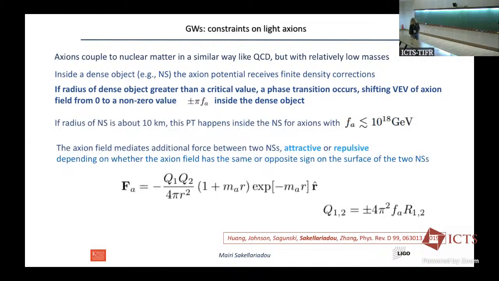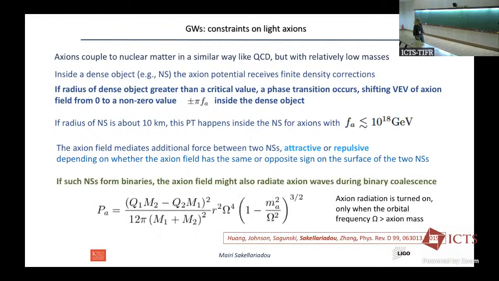This is going to lead to a new scalar kind of force, which is going to be attractive or repulsive, depending on whether we have the same or opposite kind of charge on these two neutron stars. And this will be this force.